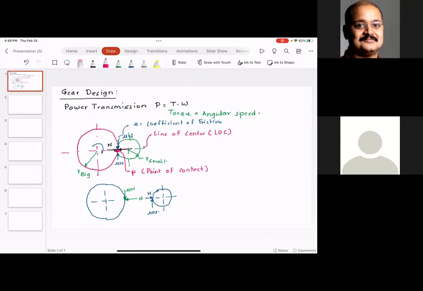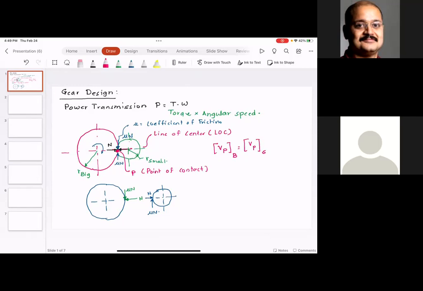It has to have only one velocity, which means, and this is super important, velocity of point P on the big wheel and velocity of point P on the small wheel has to be the same. If it is not the same, that means the material has failed or the material broke or that point P shattered. Do you agree with me?